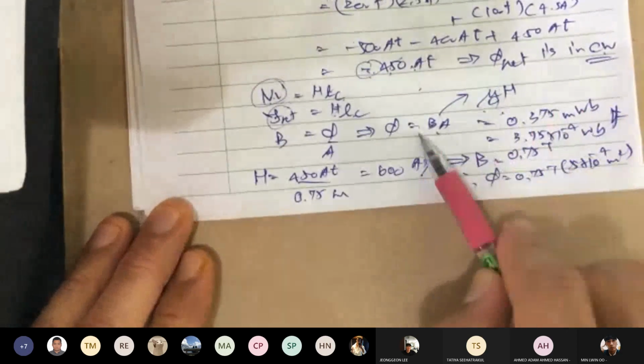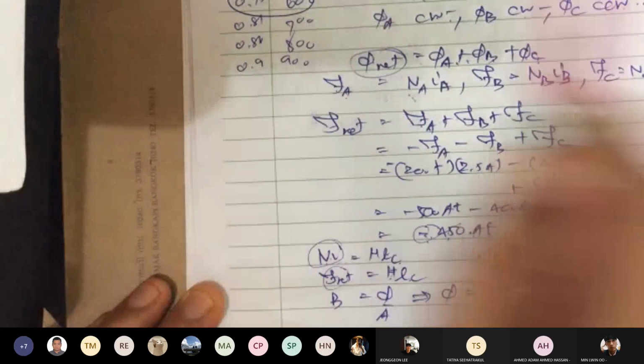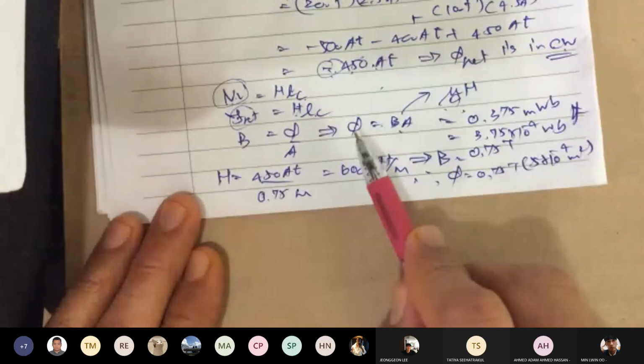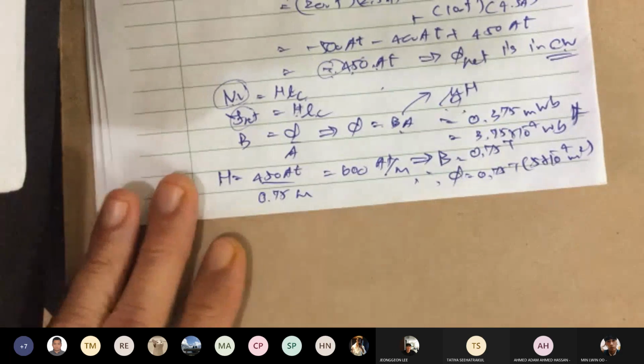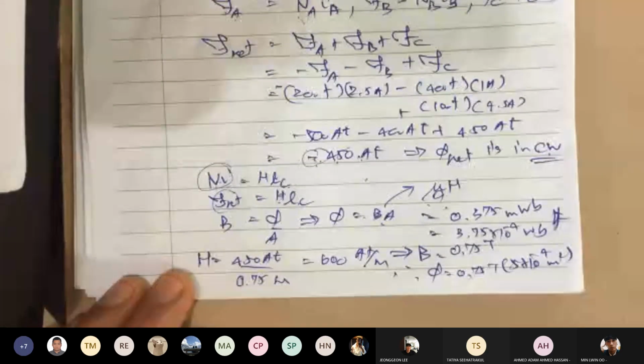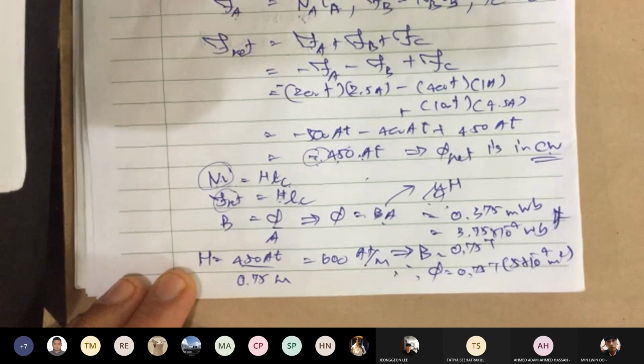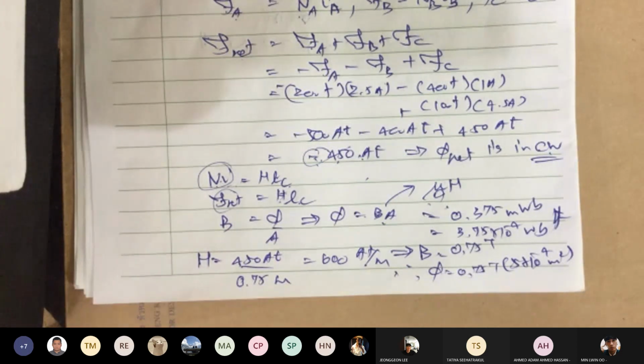You can find B right away, knowing H. Once you get B, you multiply it by the area to get flux. So this is how you make use of the ferromagnetic materials' magnetic flux and intensity relationship.